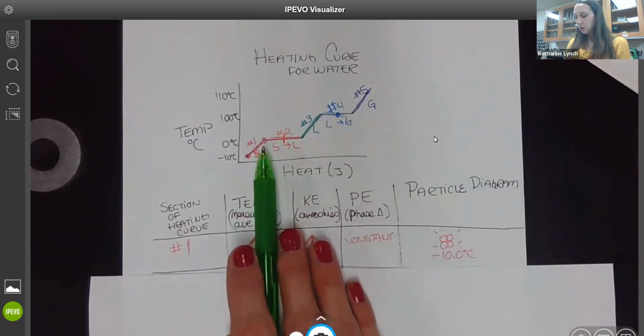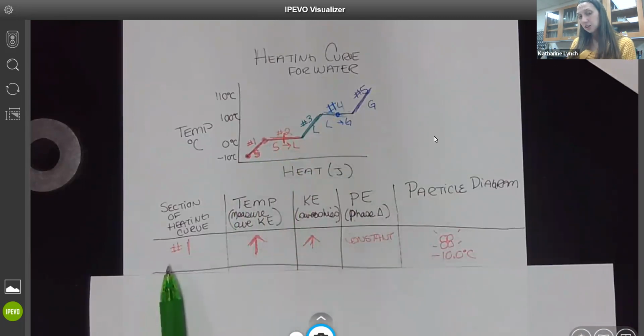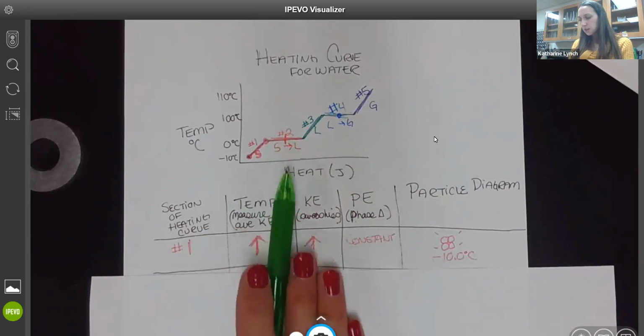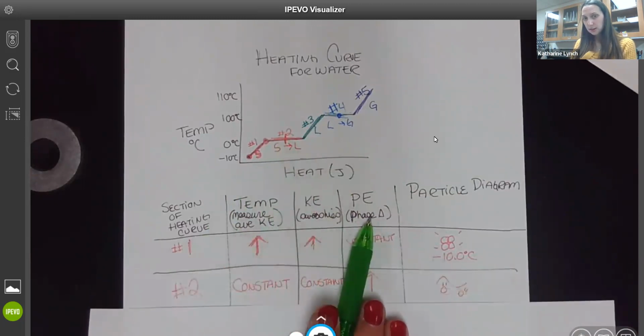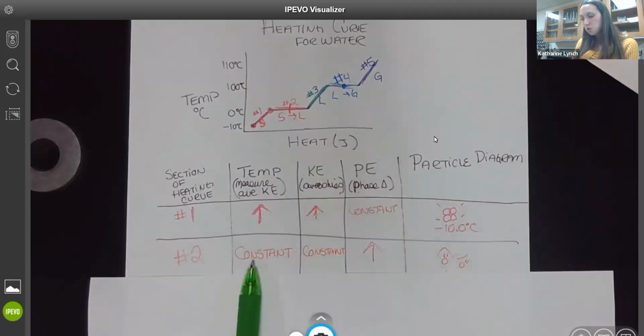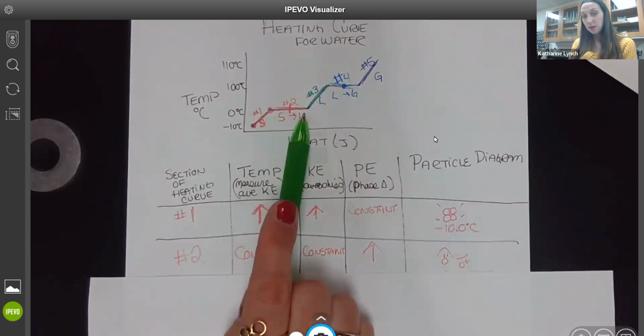As I move to the next section, you're going to see that my potential energy, which I kind of left out of that brief discussion because it's constant in section 1, changes in section 2 because I have a phase change moving into section 2. So in section 2, I no longer have an increase in kinetic energy, whether I'm at the beginning, the middle, or the end of section 2, melting ice, solid to liquid.